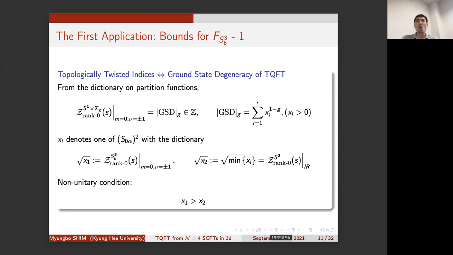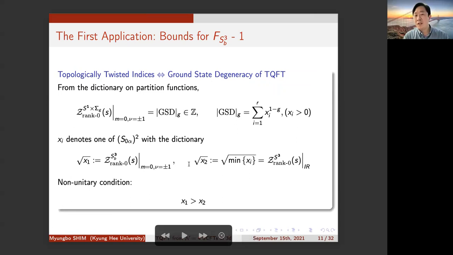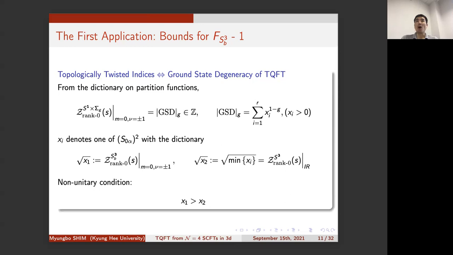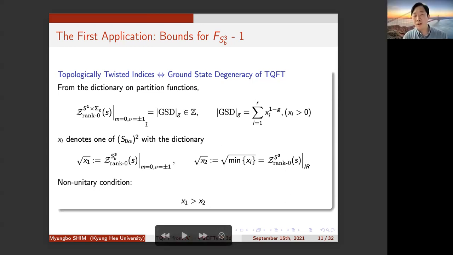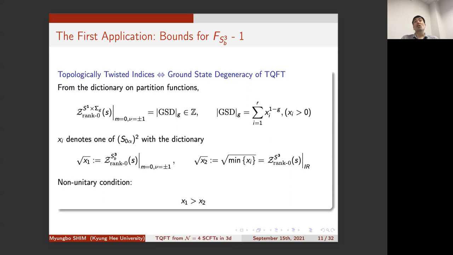So isn't that just 1 when g goes to 0? Yes. But then, I don't understand. So all the ground state degeneracy is just 1? No. With a different genus, we have a different ground state degeneracy. So it depends on the genus.